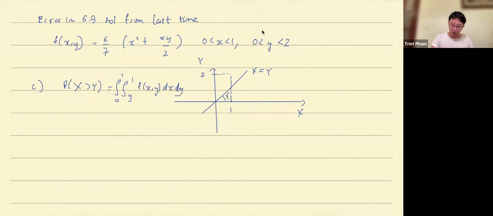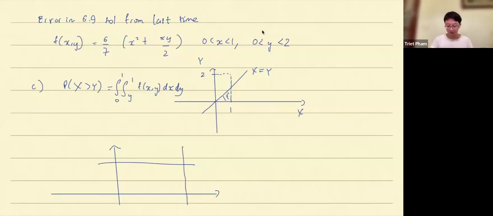So the mistake last time, if I recall correctly, I think this is what I did. I drew the region like that, right? And it's pretty, I don't want to call it a standard mistake, but I didn't draw it to scale.